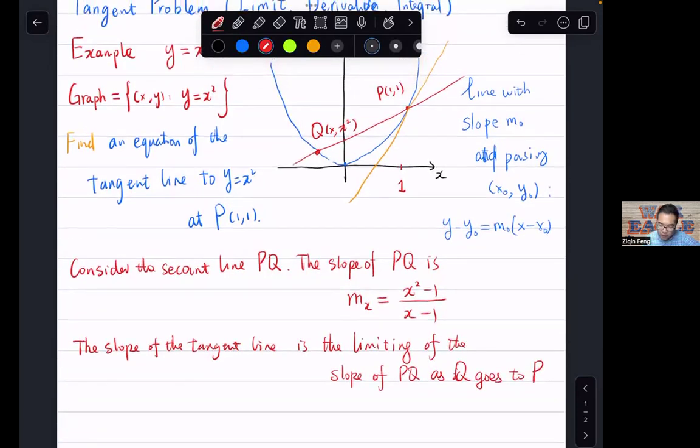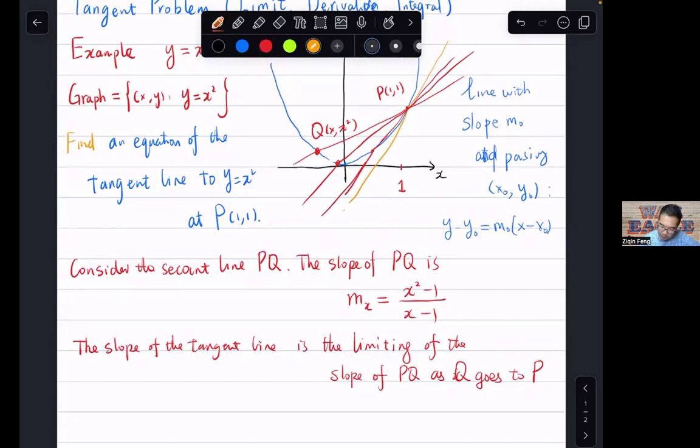And think about that. If you start from here, you get another one, getting closer. The slope is getting closer for sure. You get this one here, the slope is also getting closer. So as your Q is getting closer and closer to P, the slope of the red line, which is our secant line, is getting closer and closer to the slope of the tangent line.